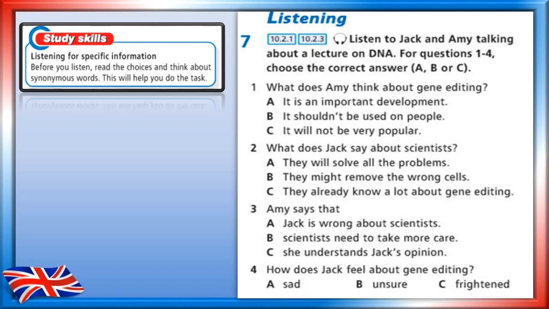Okay, I get your point. We have to be careful with any new science. We don't know what people will use it for, but that's true of every discovery and invention since the Stone Age. To be honest, Amy, I can decide whether altering DNA is a good thing or not.